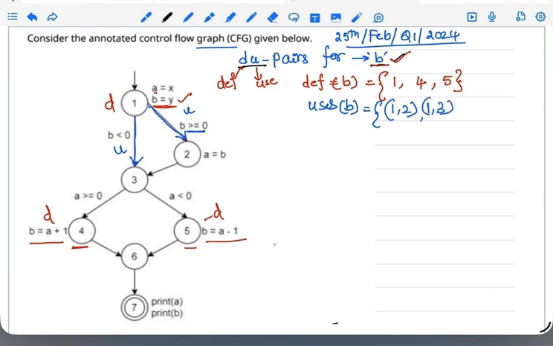At node 2 also b is used, a equals b. And print b at node 7, b is used. So these are the uses of b and the definitions of b.